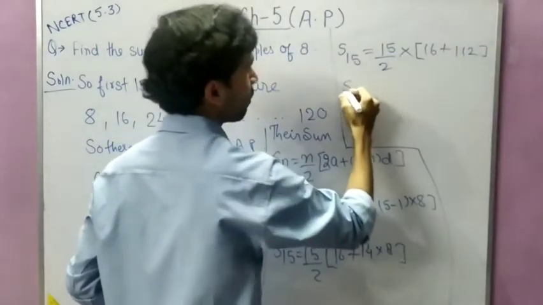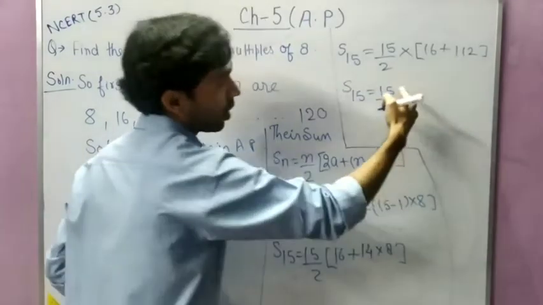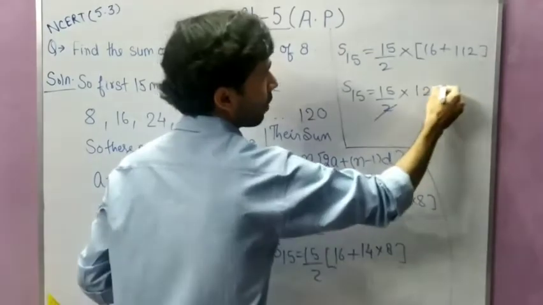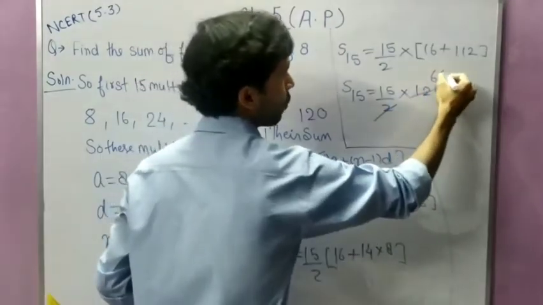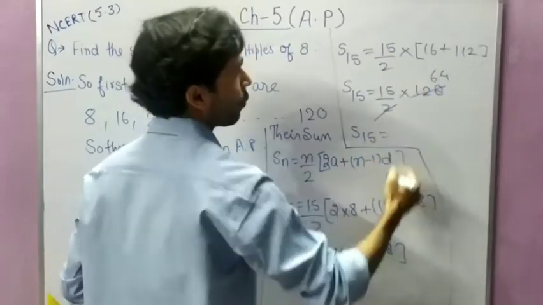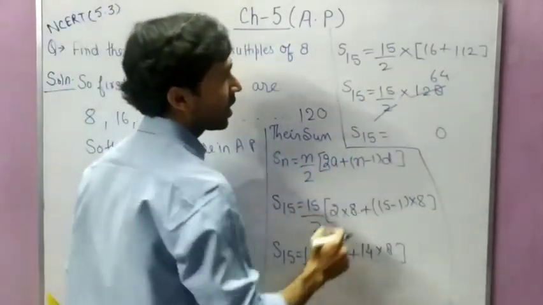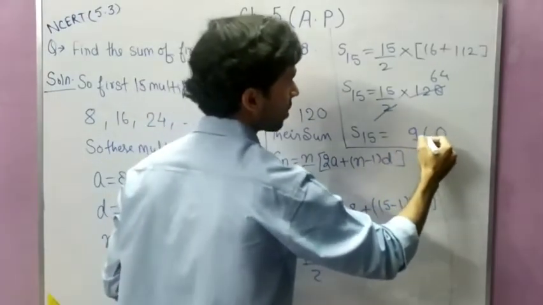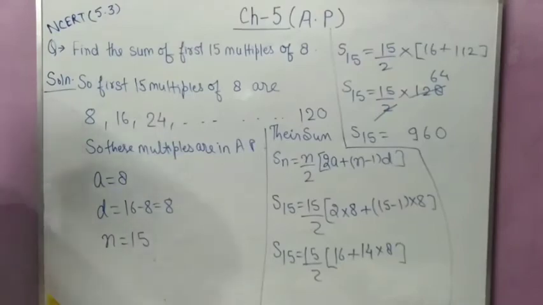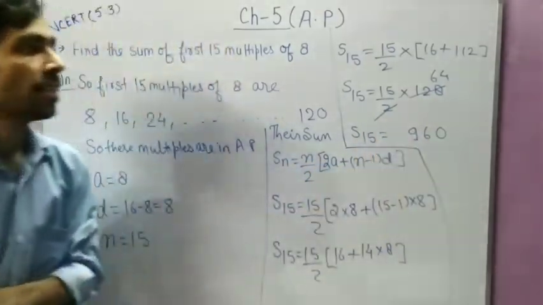So S15 is equal to 15 by 2 into 112 plus 16, that is 128. Now when you solve it, you will get 64. So 15 4s are 60, carry 6, 15 6s are 90, and 90 and 6 is 96. So the sum of the first 15 multiples of 8 will be equal to 960.